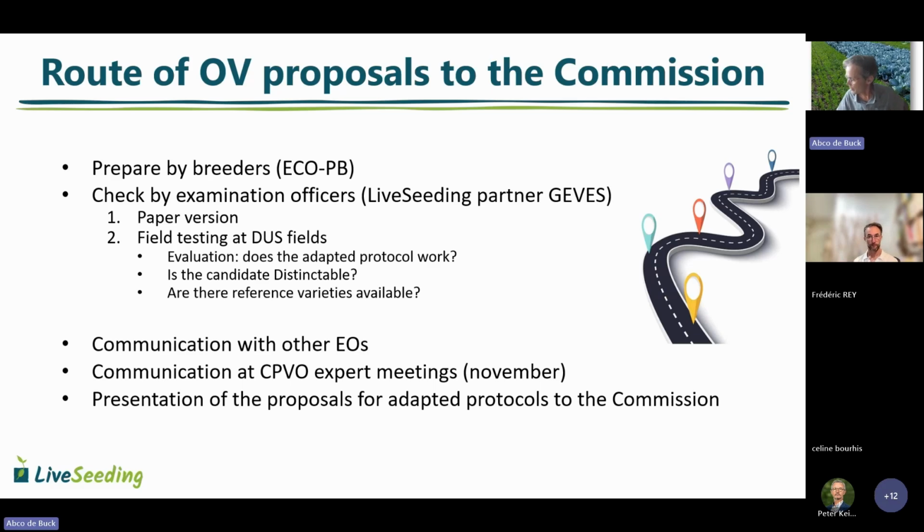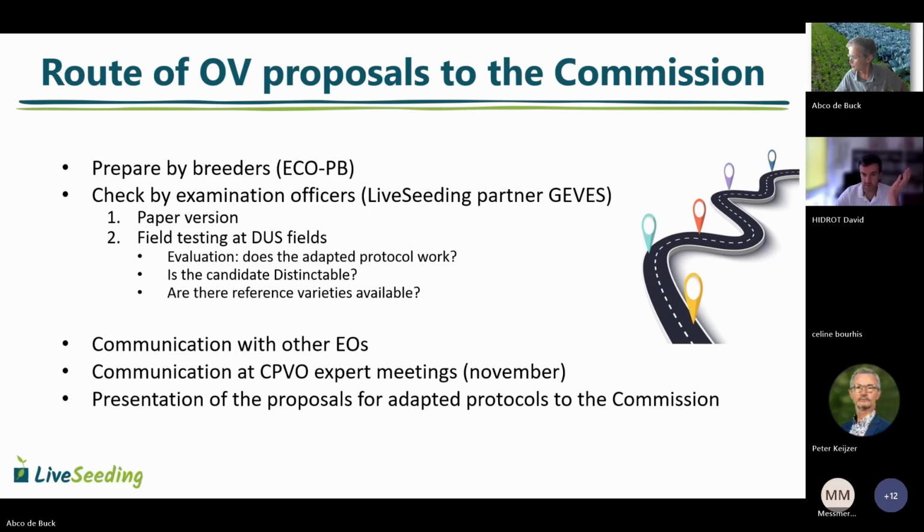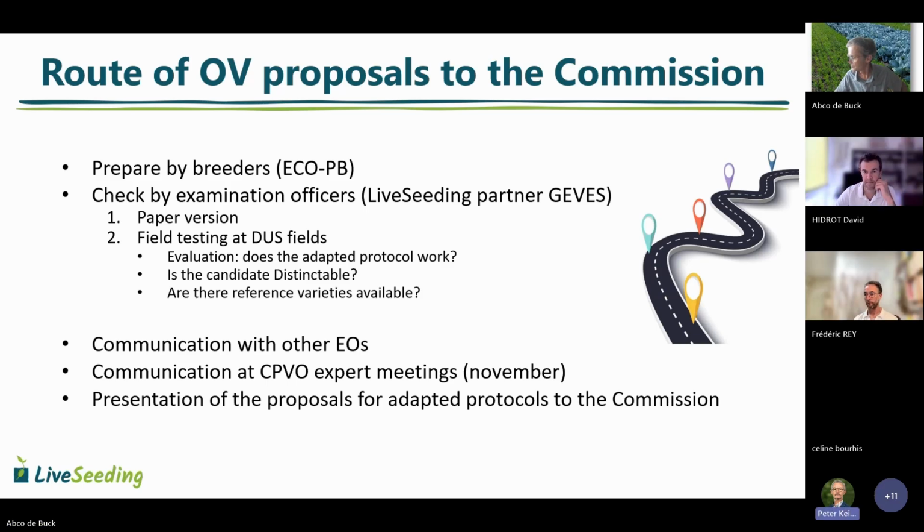Which, now we have to start up a reference collection for organic varieties, if I understand. I wouldn't say so much for organic varieties, but for specific characteristics which matter for organic varieties. Yeah, that's correct.